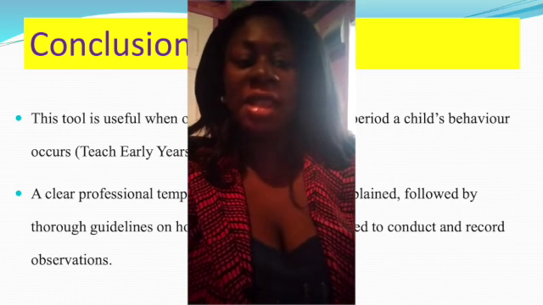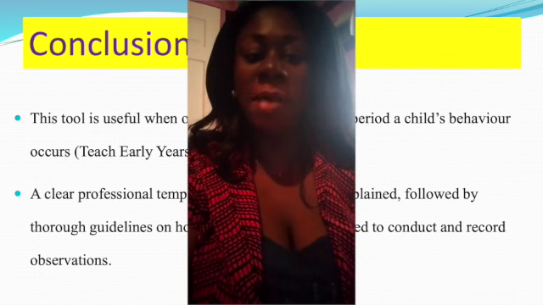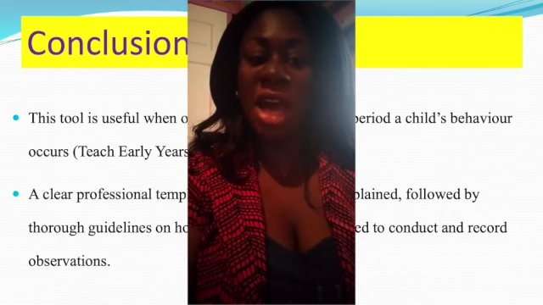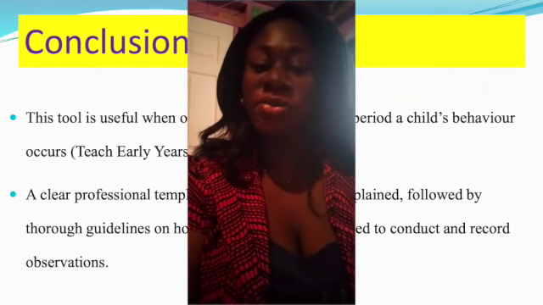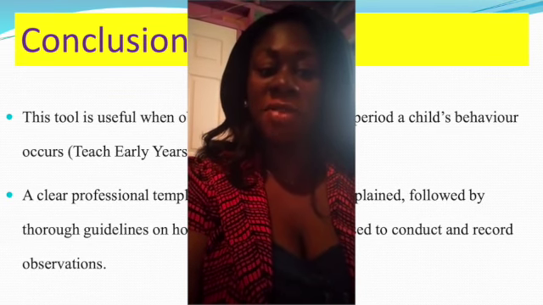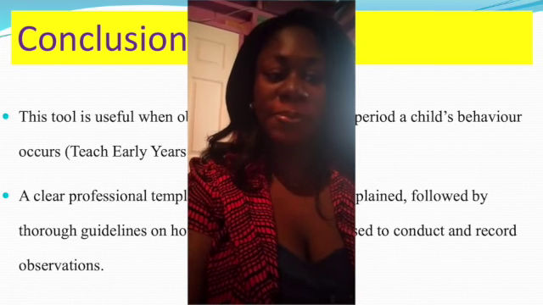Our group, the Heliosphere, did a thorough analysis of the time sampling method as an observation tool to be used in the early childhood classroom learning environment. This tool is useful when observing the specific period a child's behavior occurs, the Early Years Magazine 2020.